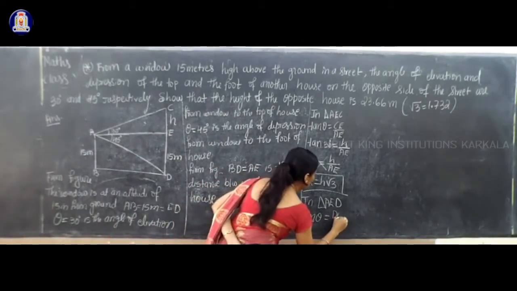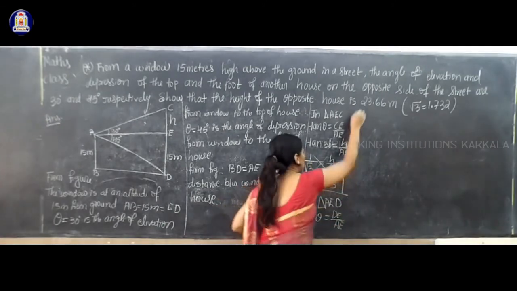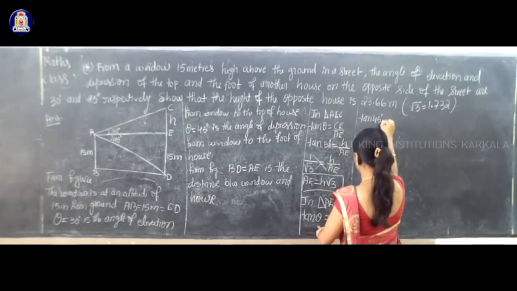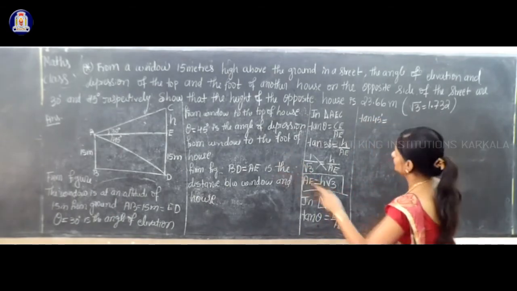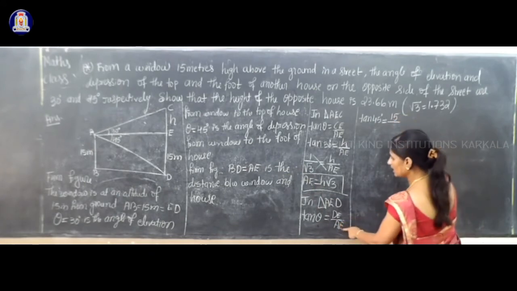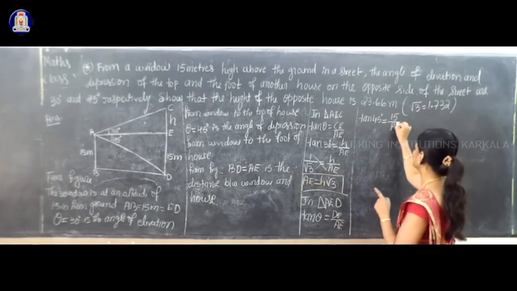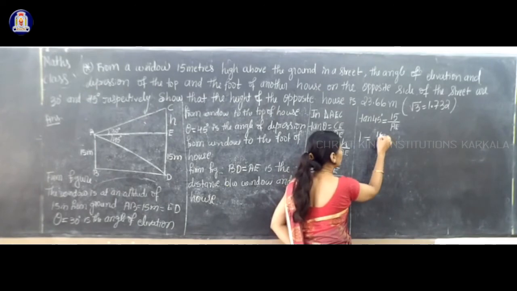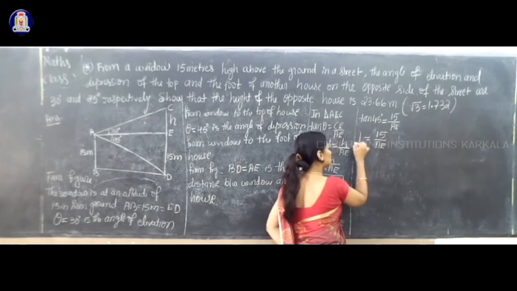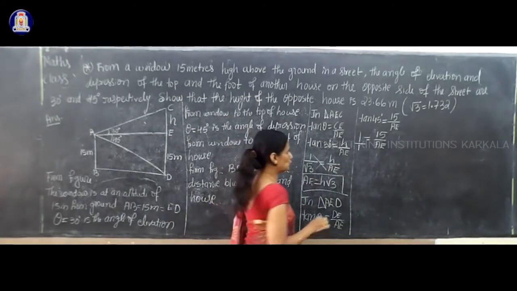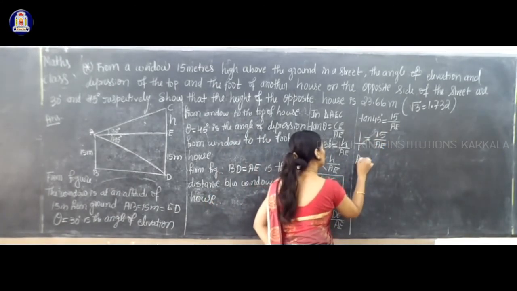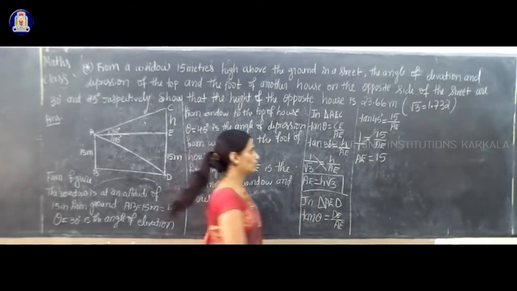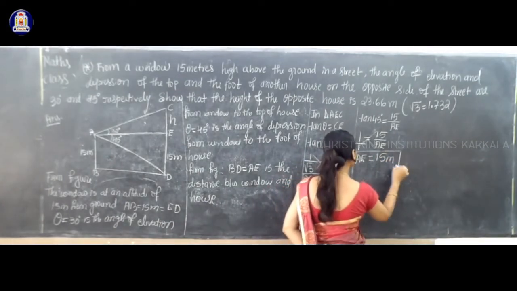So tan 45 degree is equal to DE divided by AE. DE is given as 15, AE is not given, so keep it as it is. Tan 45 is 1, which is equal to 15 divided by AE. Cross multiplication gives AE is equal to 15 meters. So this is your second box.